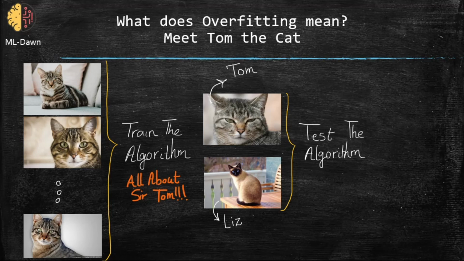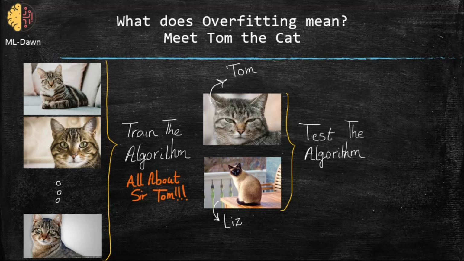Because all the machine learning algorithm knows about the concept of cat that it is going to learn is that cat is Tom. That's all. Nothing else can be a cat. And because our algorithm has learned the concept of cat on our training data, on the Tom images, perfectly, with zero error, it has memorized what makes a cat.